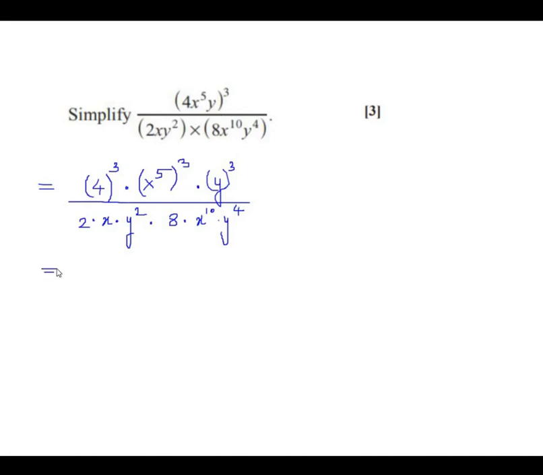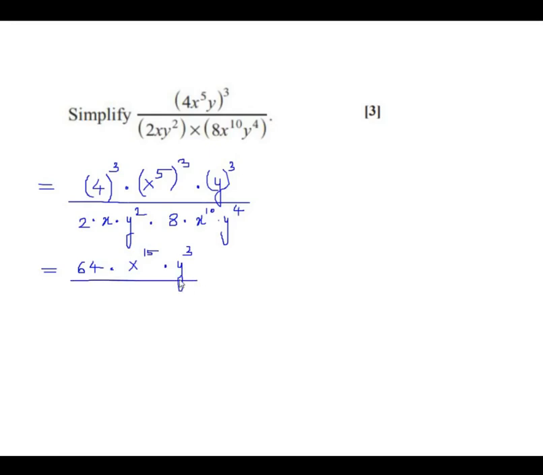Now let us simplify the numerator. 4 cubed is 64 times x to the power of, as we know the powers will get multiplied, 5 times 3 is 15, times y to the power of 3.